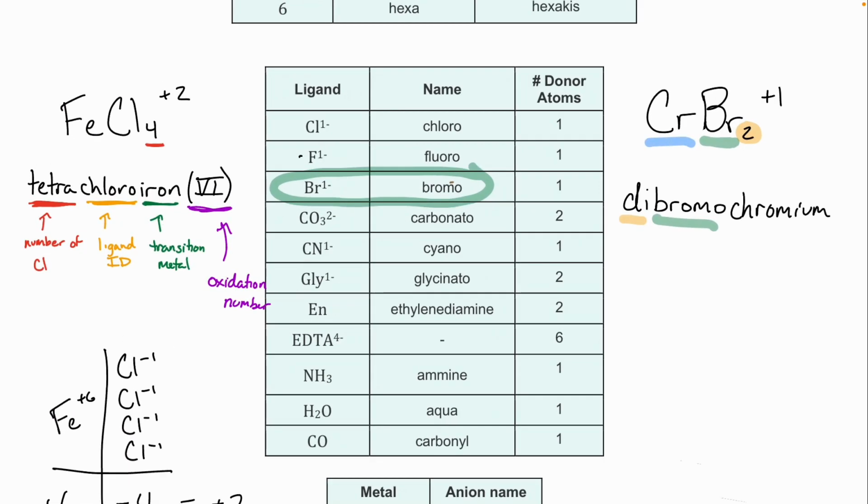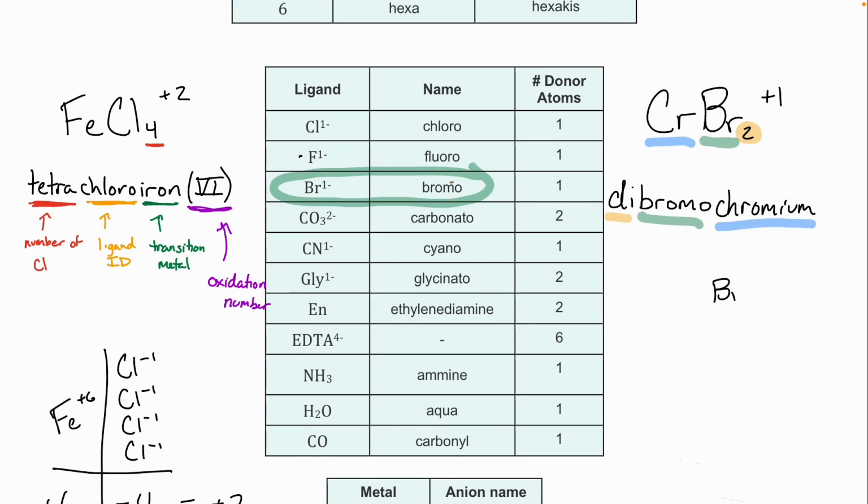All right, and then probably the hardest part of this is that oxidation number. What's the oxidation number going to be? Be careful, it's not just 1. I got to go through that same process that we've been going through. Bromine is a negatively charged ligand.